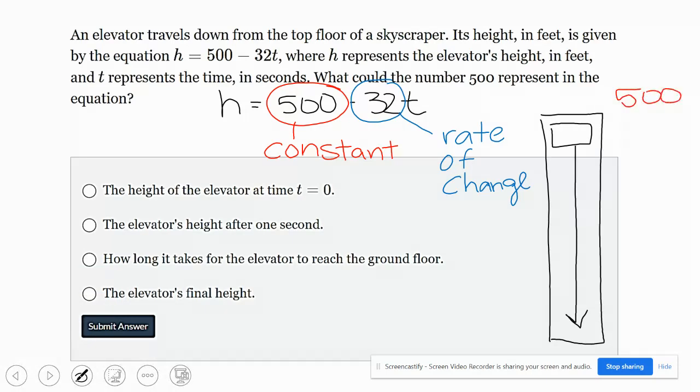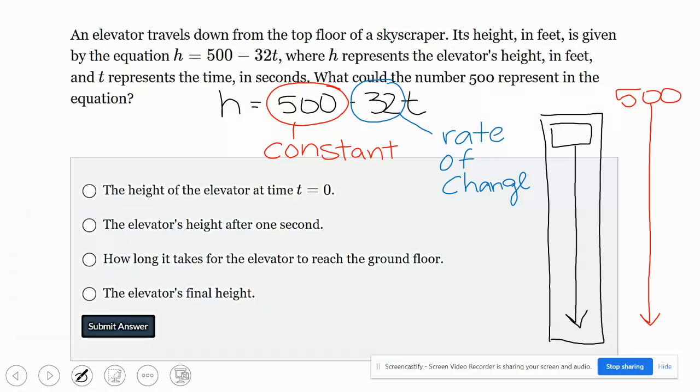It's going to start at 500, and then it goes down 32 feet per second because t represents time in seconds. So that's what we know. This constant is the starting height of our elevator in our skyscraper.